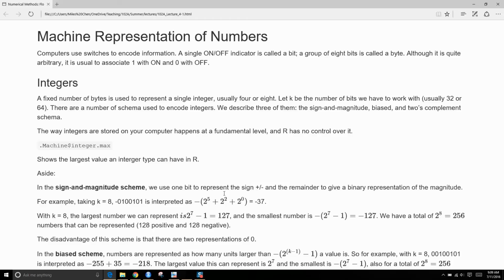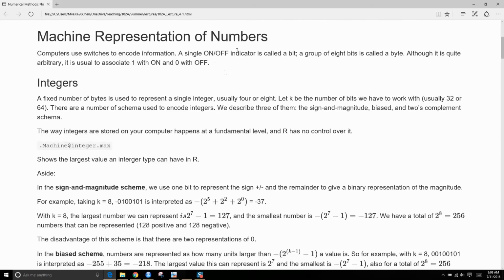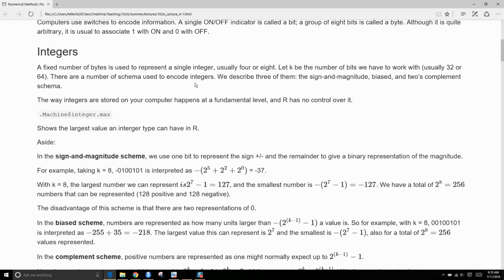With binary, we have an on-off indicator called a bit. A lot of times if we group 8 of those bits together, we have a byte. We associate 1 with on and 0 with off, and that doesn't really matter. This is all happening at a fundamental level inside the computer, so R has no control over how numbers are represented inside your system.